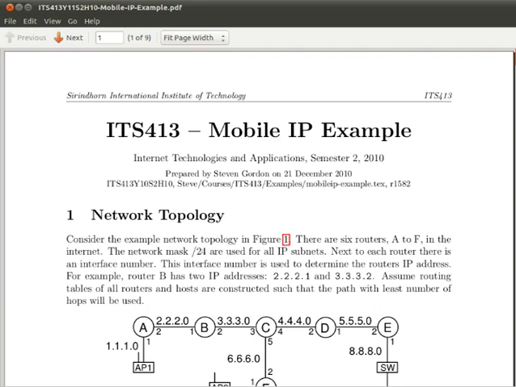I've associated and sending data via here. I'm moving. And my signal's getting weaker from this access point, getting weaker. All of a sudden, I move to a point where it's too weak. I cannot receive anything from the access point.